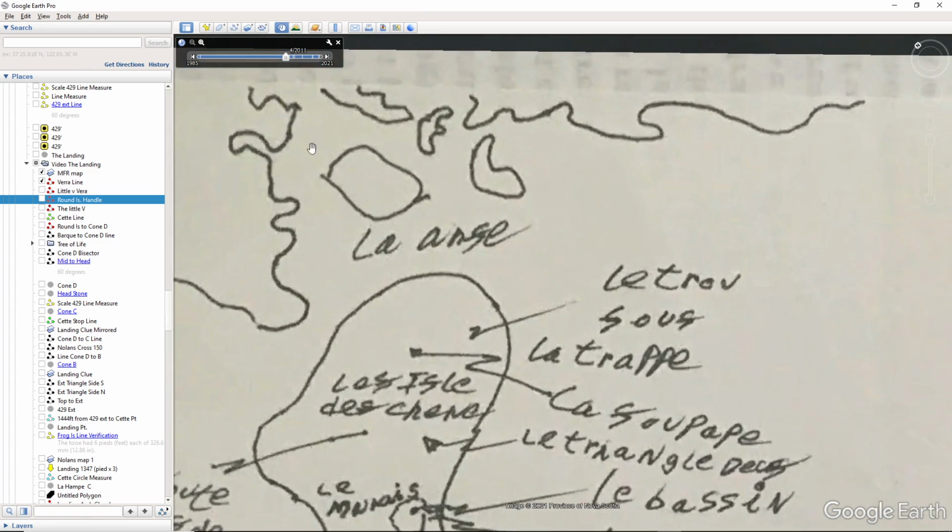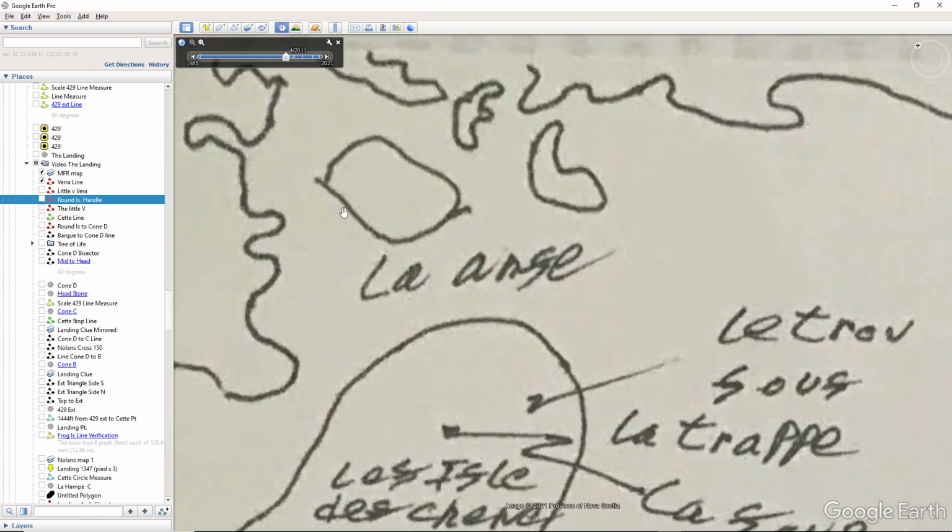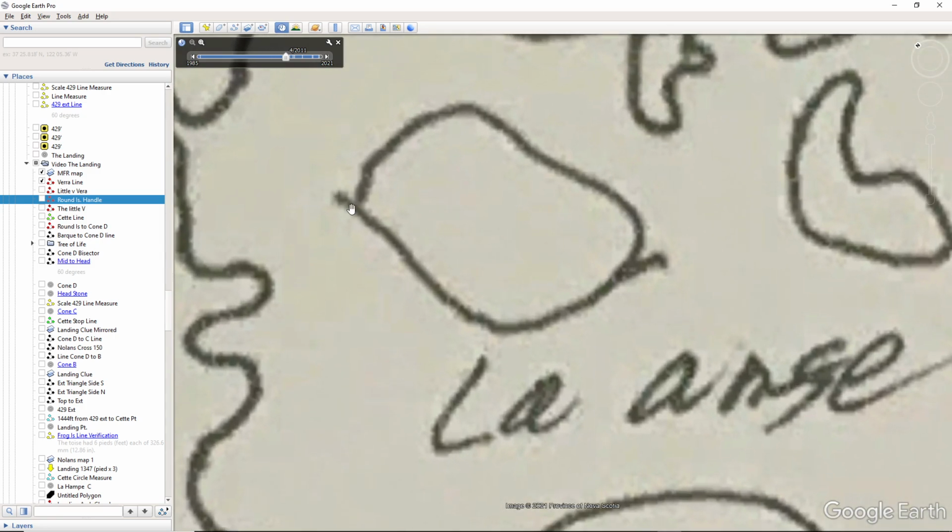So back to Round Island. Here we have these two very subtle clues, just like we had before. We have a little line here coming off, and we also have this little sort of 90-degree foot thing.